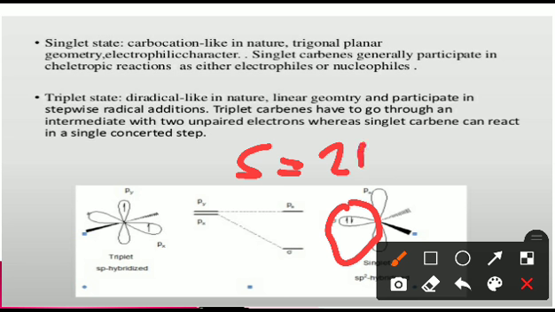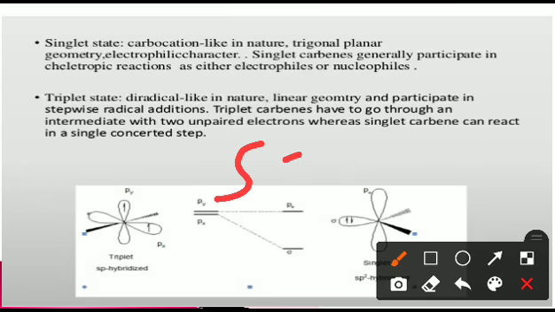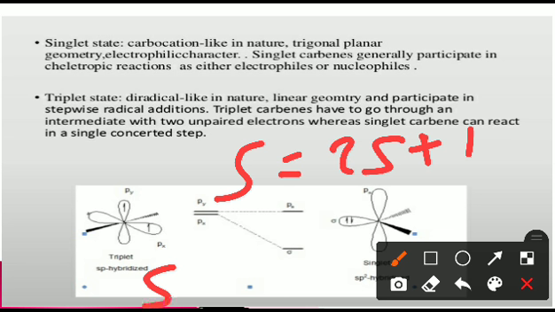According to that rule, what is the formula for calculating the spin multiplicity? It is 2S plus 1. Here what is S? How do we calculate this S? This S is equal to plus half minus half.